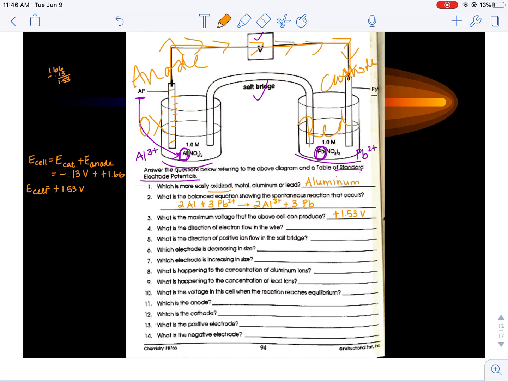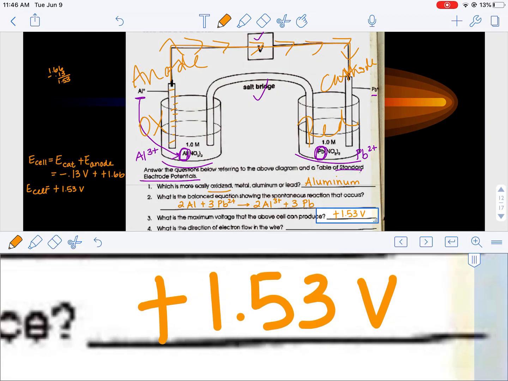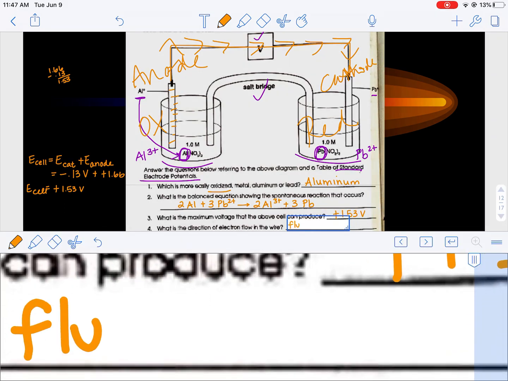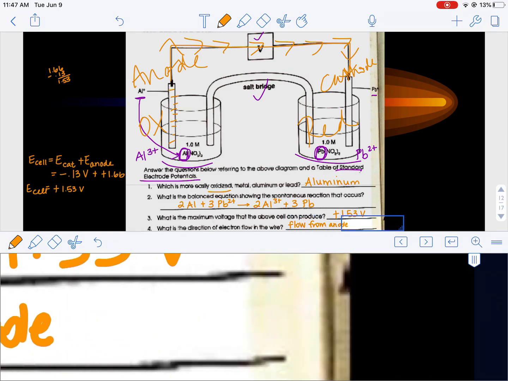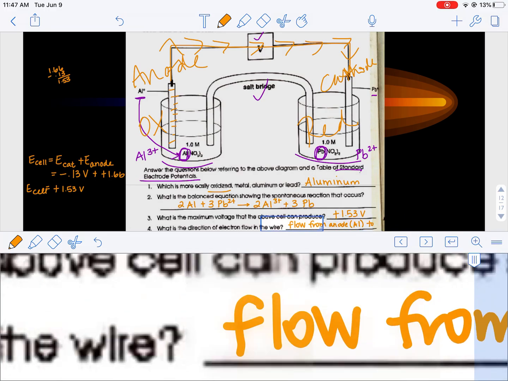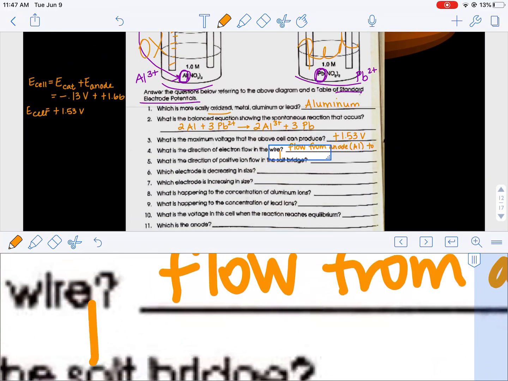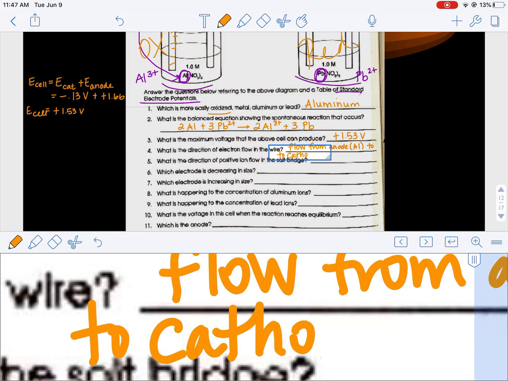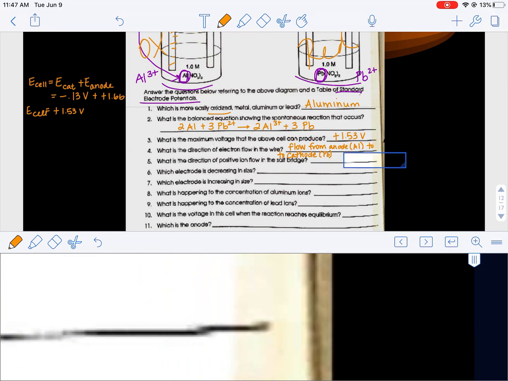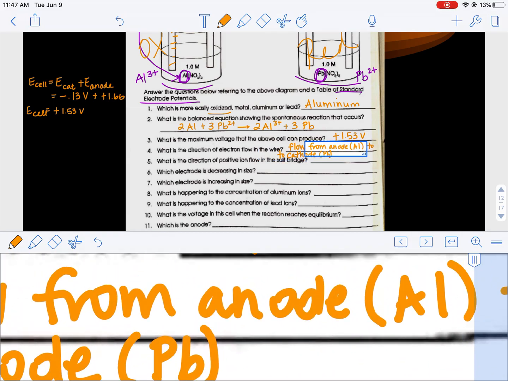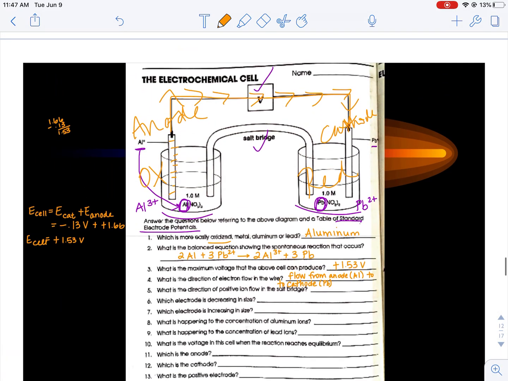So that's the flow of the electrons through the wire. They flow from the anode, which in this case is the aluminum, to the cathode, which in this case is the lead. So key note, in the wire we always go from the anode to the cathode.